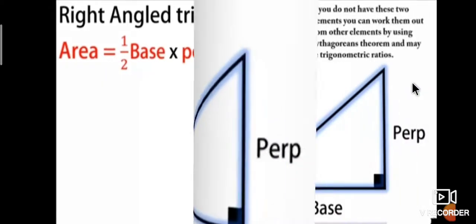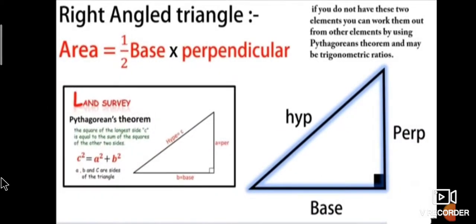Next, in a right angle triangle, we know a very important theorem called the Pythagoras theorem. What is the statement of Pythagoras theorem? In a right angle triangle, the square on the hypotenuse is equal to the sum of the squares of the other two sides.